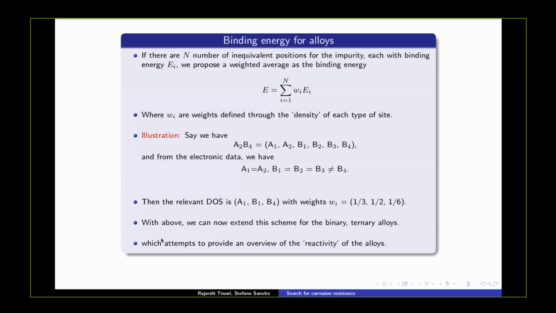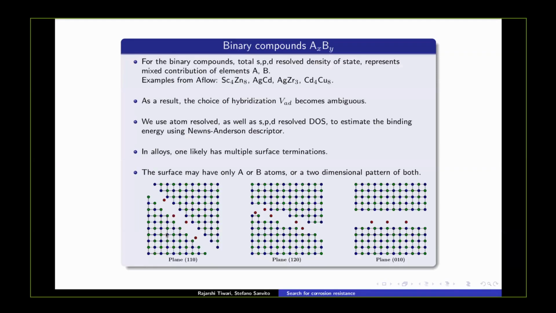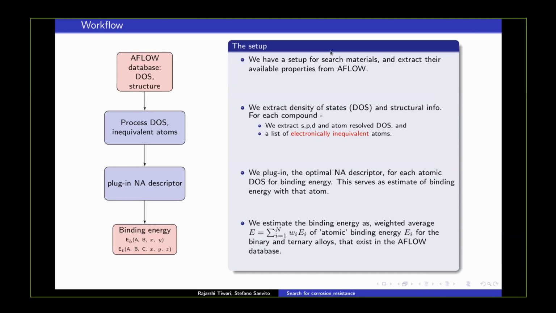That's a typical formula for AX and BY binary. Similarly, for ternary, it would be E_B as a function of elements A, B, C and their fractions X, Y, Z.